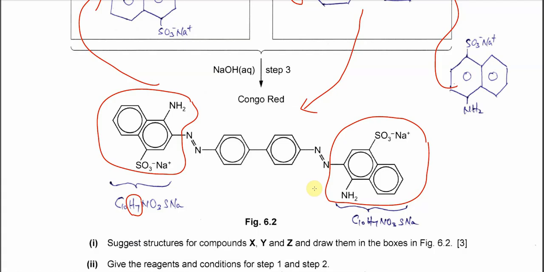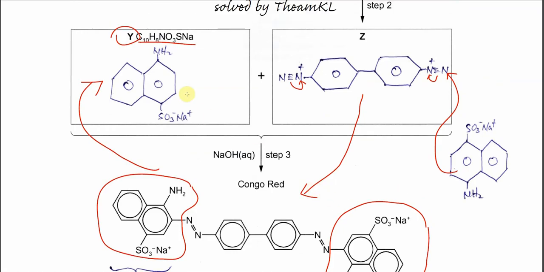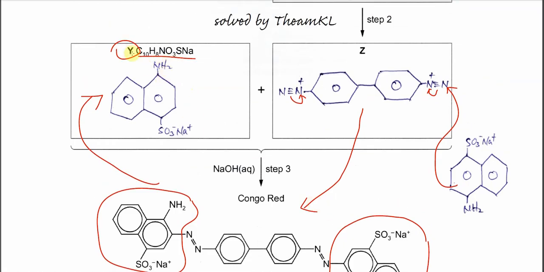Basically it is the electrophilic substitution reaction between the phenylamine, meaning Y here, and the benzene diazonium ion in Z. So it has two electrophilic substitutions, or actually two coupling reactions, with the benzene diazonium ion.